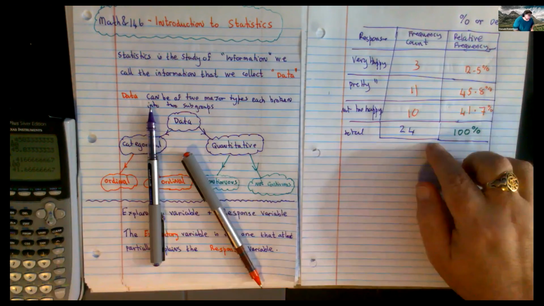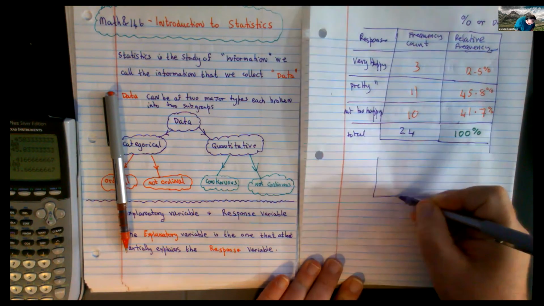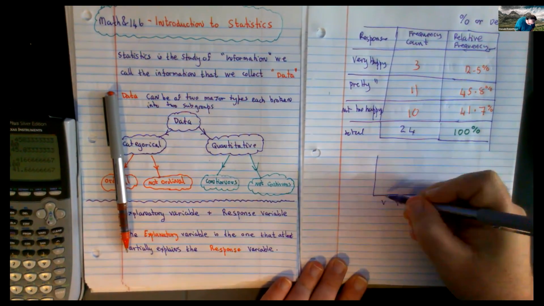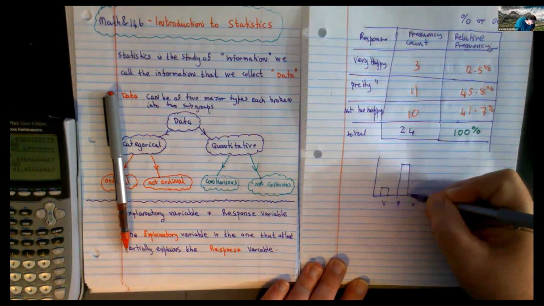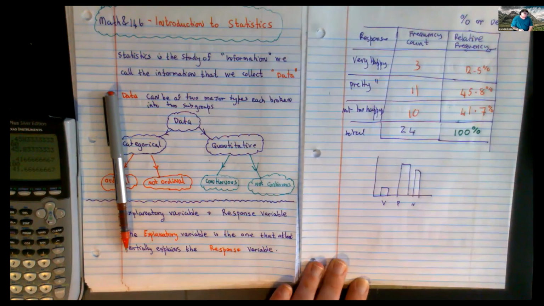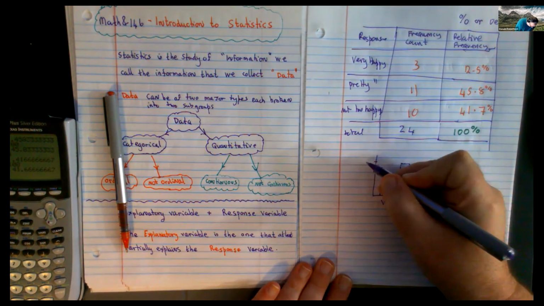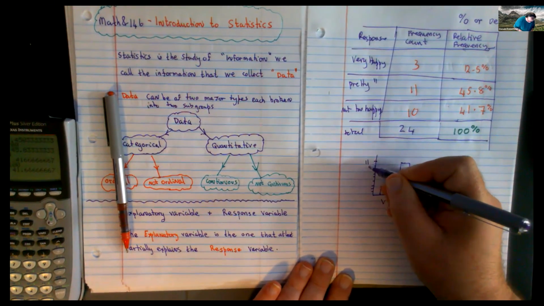Now, if you use this information, can you imagine you'd have very happy, pretty happy, not so happy? And I'm making no attempt to do it accurately, but couldn't your answer look something like this? Wouldn't that be your bar chart using this information? And the top number here would be 11, right? So you'd go 1, 2, 3, 4, 5, 6, 7, 8, 9, 10, 11.